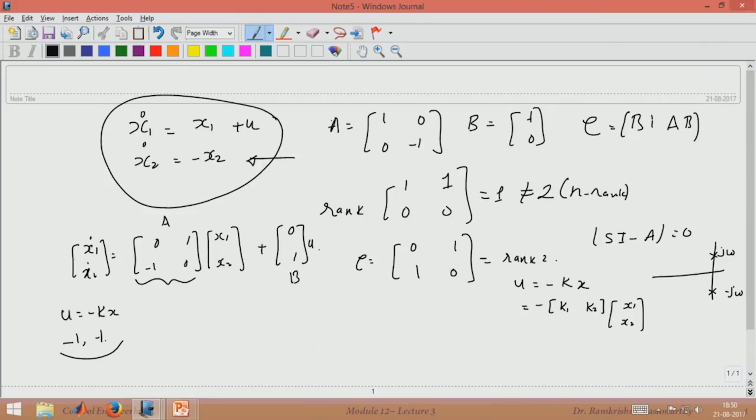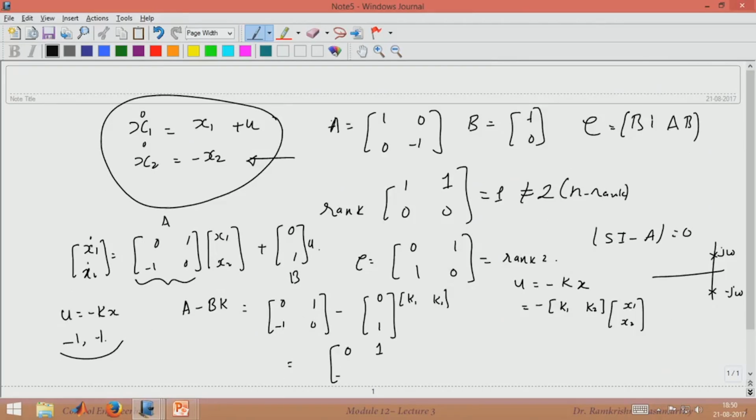So, how will the closed loop system look? How will A minus BK look? A is 0 1 minus 1 0, minus, well, what is B? B is 0 1 and K looks like k1 k2. Here this is 0, and I will have a 1 here, nothing changes in the first part.